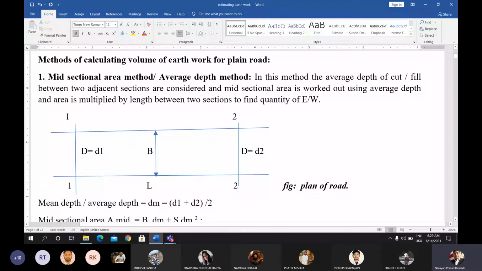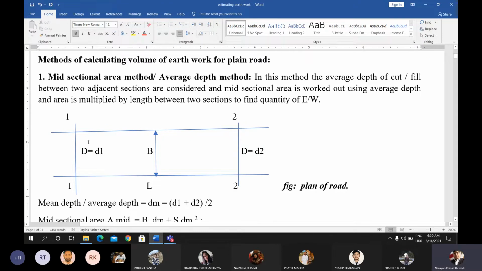We find the area of section 1 as A1 and the area of section 2 as A2, then find the mean section area by taking the average of the sectional areas, and that area is multiplied by the length between the sections to get the quantity of earthwork.